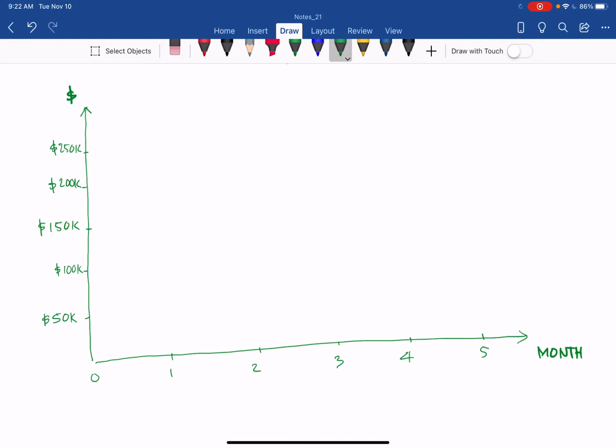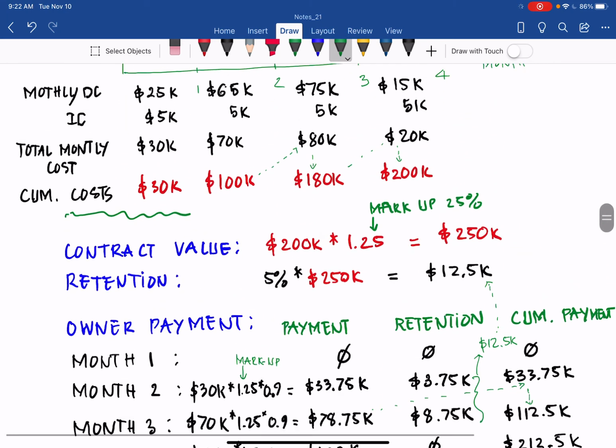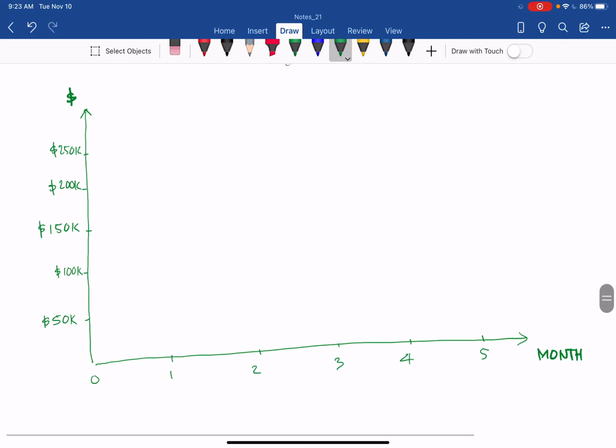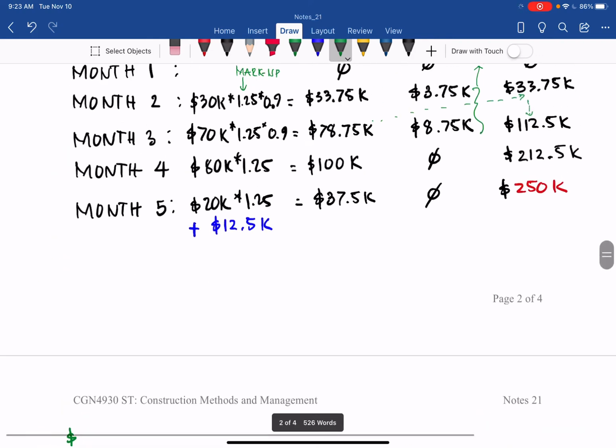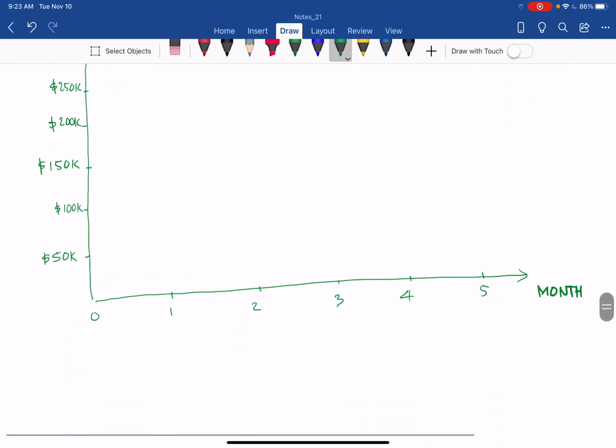With that, we can draw the contractor expense, etc. So the construction expense, as you can see, cumulative is 30,000 for the first month, 100 for the second month, 180 for the third month, and 200 for the total of the 4 months. So we can draw that one. First, cumulative 30,000, so we have 30,000 here.